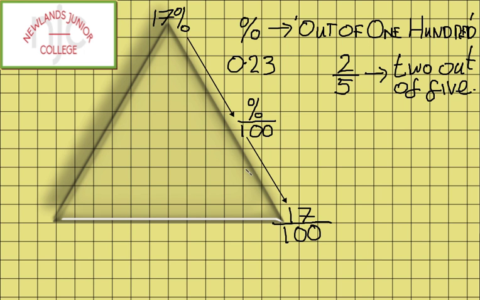Okay, what if you want to go from a fraction, in this case 17 over 100, and you want to turn it into a decimal? Well, let's put our decimal over here. Here's what you do. You do exactly what the fraction says. The fraction says that you take 17 and you divide it by 100.